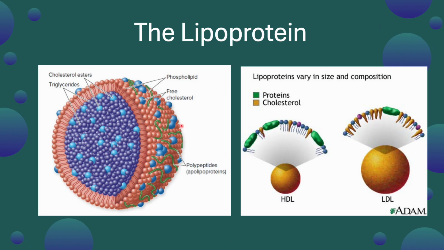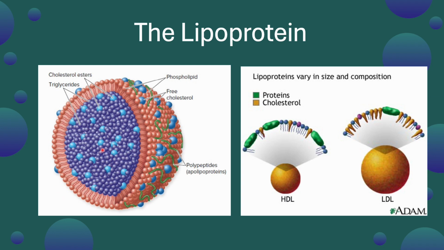So here we have a lipoprotein. As I mentioned before, there are high density lipoproteins and low density lipoproteins. There are other lipoproteins like very low density lipoproteins and some other remnant cells, but what is important here is that the lipoprotein sort of looks like a cell where there is a cell membrane and then a lot of organelles and components inside of it.